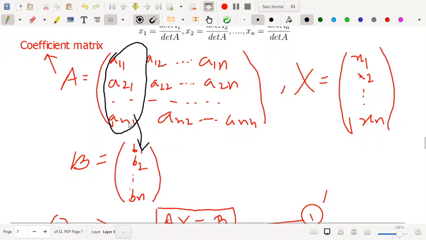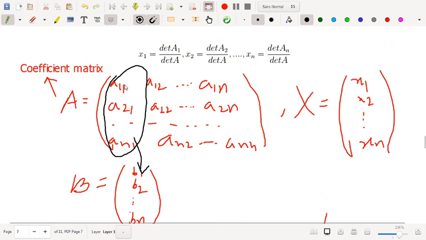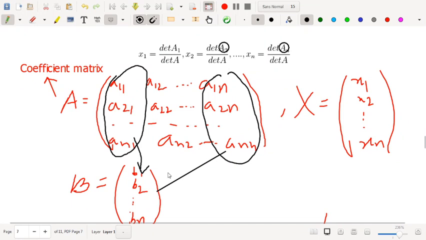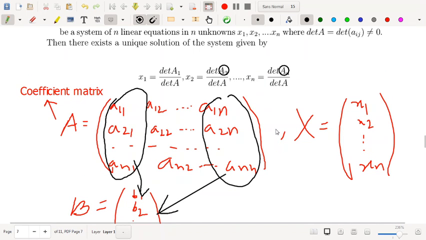Replacing the first column by this, you will get A1, and replacing the second column by this B, you will get A2, and so on. Replacing the nth column, the last column, by this B, you will get An.